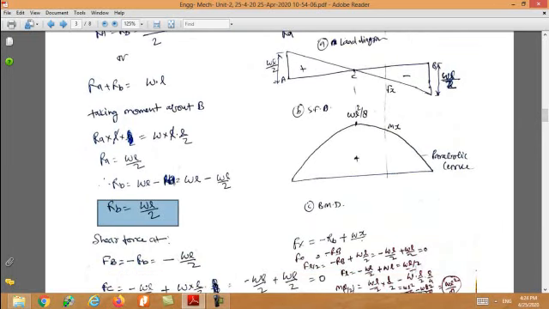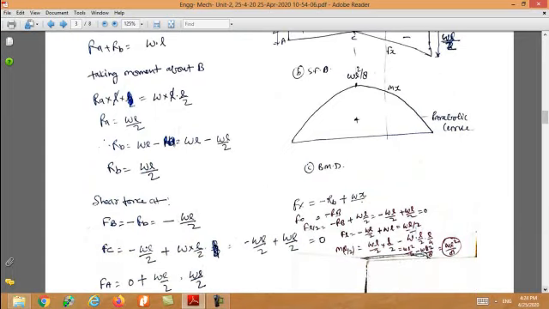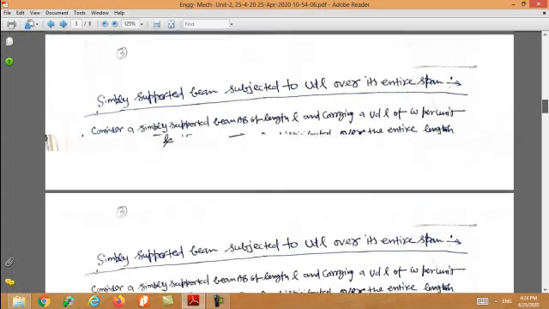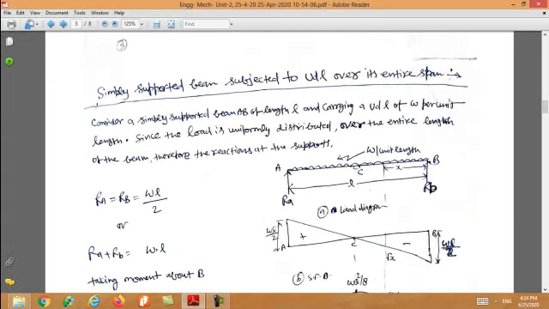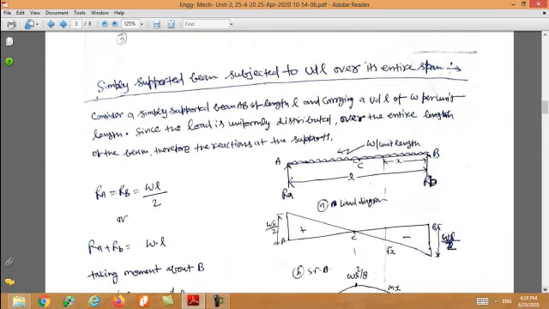Now calculate the shear force. FB is minus. Why is it minus? Because this load is upward. According to the previous sign convention, if the load is upward from the right side, it is negative.